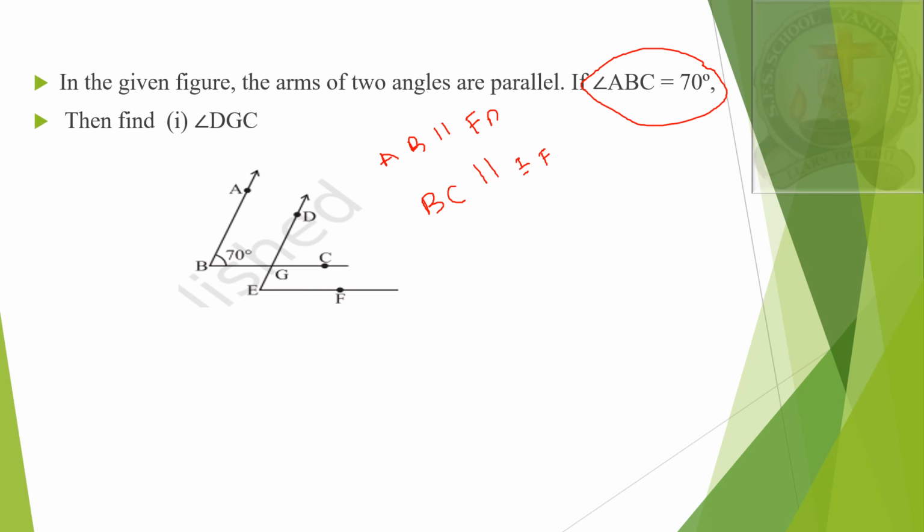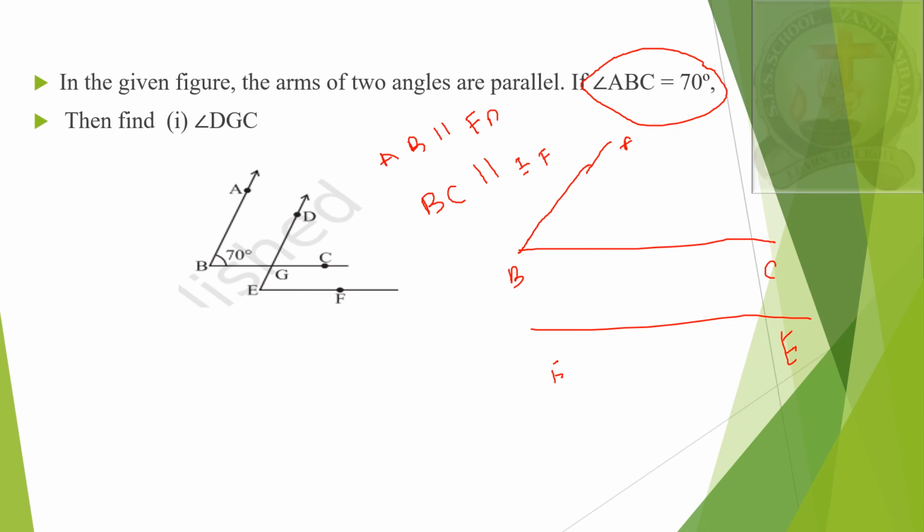Now, if angle ABC is 70 degrees, this angle is 70 degrees. Let me draw this diagram very clearly. This is line BC, this is line EF. What can be the transversal here? The line AB may be the transversal.